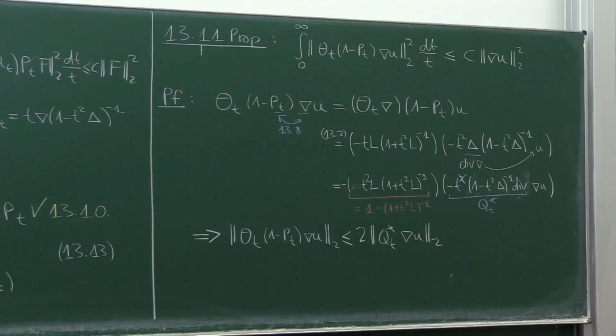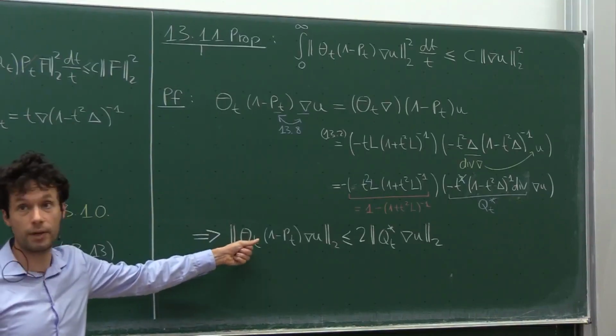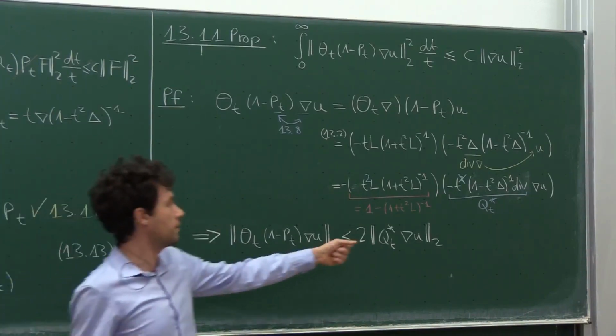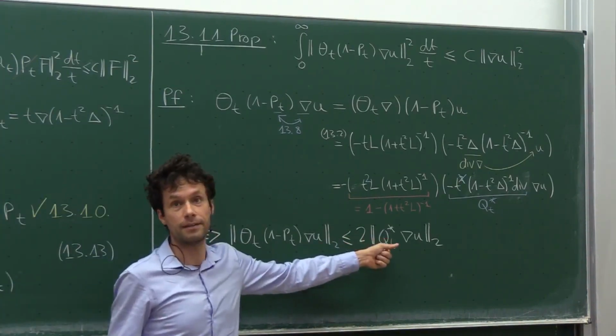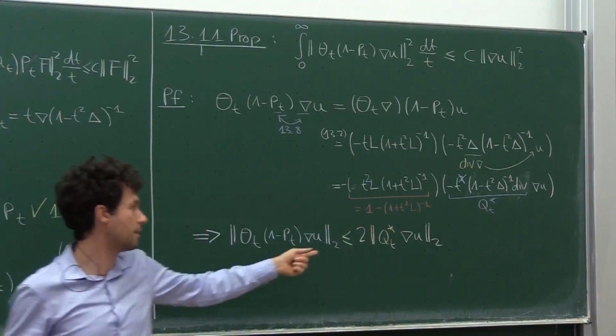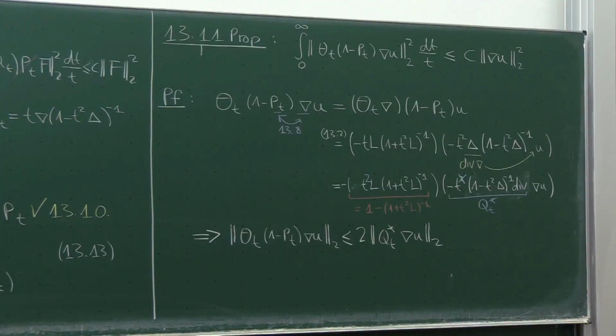And now I want to bound the square function of this guy, meaning I want to square that expression and integrate in t with respect to dt over t. Well, I just need to bound the square function of this guy. But this I already did on Monday. It was in Lemma 13.9, the second part, the adjoint square function estimate.